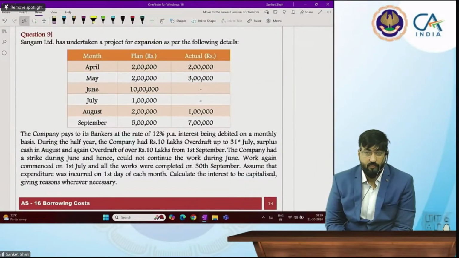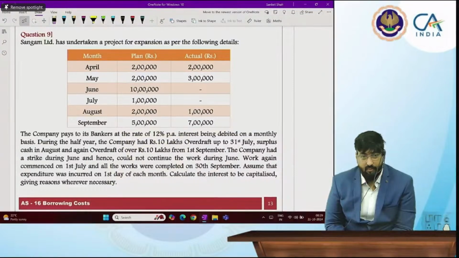Sangam Limited has undertaken a project for expansion as per following details. So, plan and actual expenditure. What are given? Plan, expenditure and actual. Which expenditure do we consider? Actual, sir. Okay.